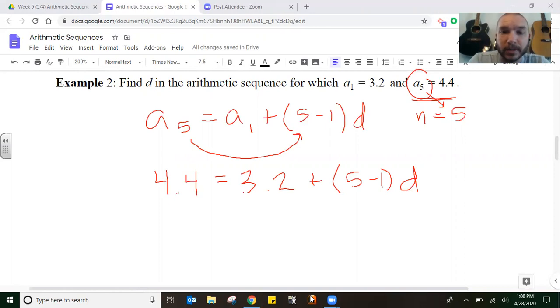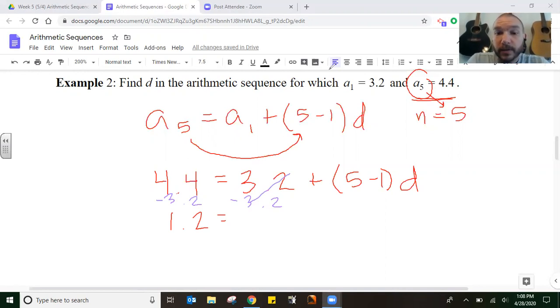So simple math, we're going to subtract 3.2 on both sides. And I say simple, yet I pull up my calculator. 4.4 minus 3.2 is 1.2. When I subtract 3.2 on both sides, let me show you some steps here. Minus 3.2. If I had written out my steps, it would have been a lot easier.